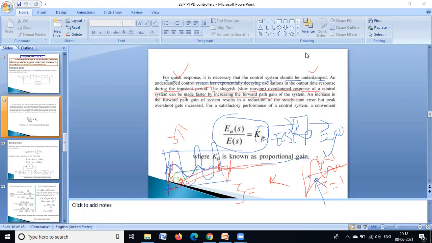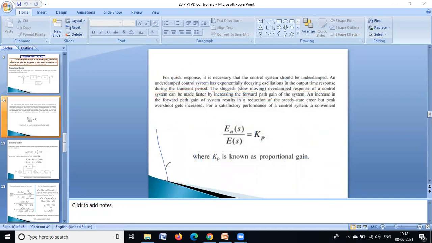Okay, so I'll draw the same figure again. This is our second order system response, where the sluggish system takes more time to reach the final value. As the zeta value is less than 1, here the zeta value is equal to 1.